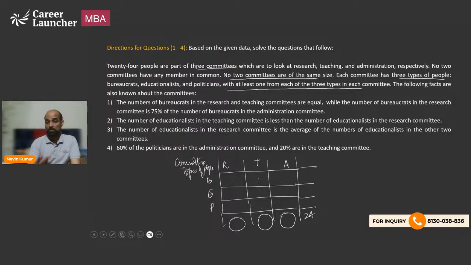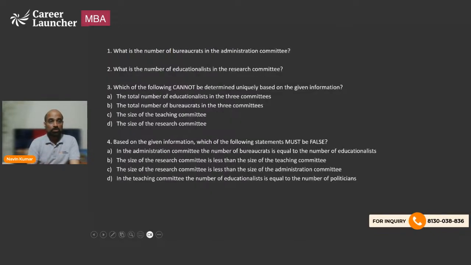So once we have understood how to represent it, the next step is, let's look at the questions quickly and understand, will we be able to complete the table, or are there going to be cases? As in, to understand what would be the level of difficulty of the set. So what is the number of bureaucrats in the admin committee? Definite. What is the number of this in the research?